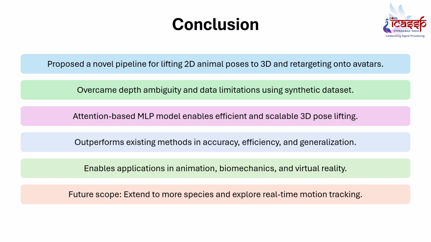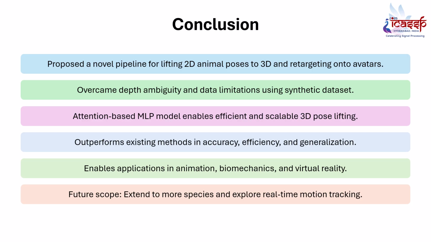In conclusion, our work presents a novel approach for lifting 2D animal poses to 3D and accurately retargeting them onto rigged 3D avatars. By lifting the 2D poses, we have successfully overcome the challenge of limited real-world 3D data. Unlike the CNN-based approaches, our proposed attention MLP model is lightweight and efficient, making it more suitable for real-time applications.